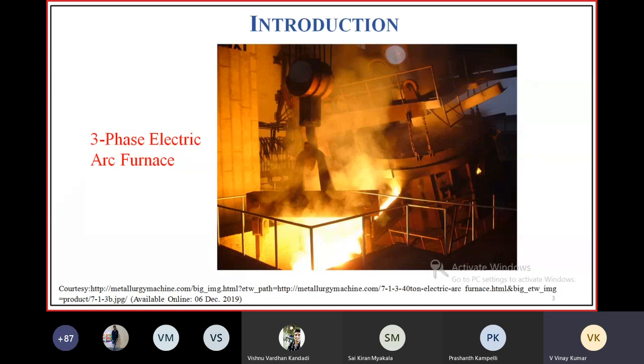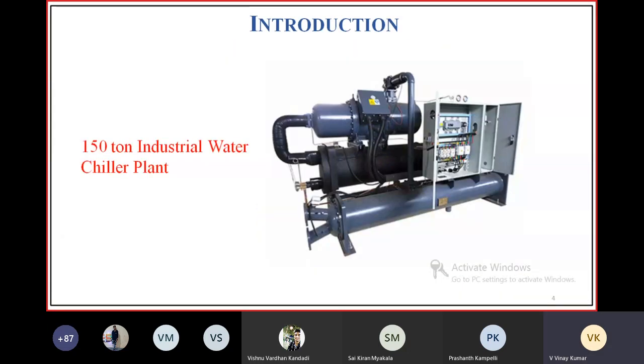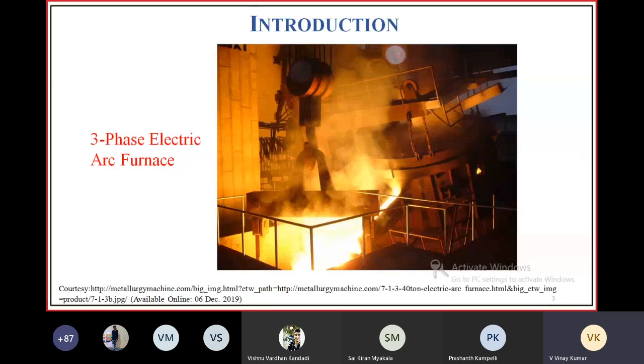Using a three-phase system, we produce an electric arc. That arc is used to heat charged metal, so for making steel we can use that heat. This is one of the applications of three-phase system.